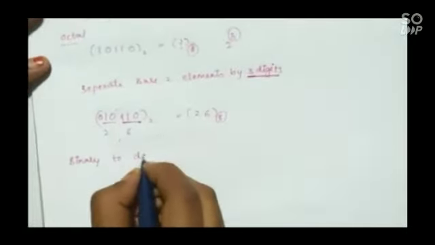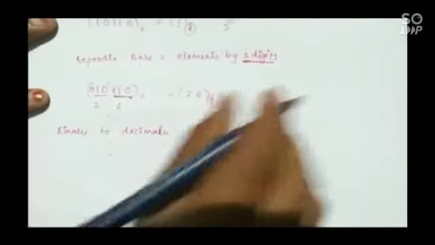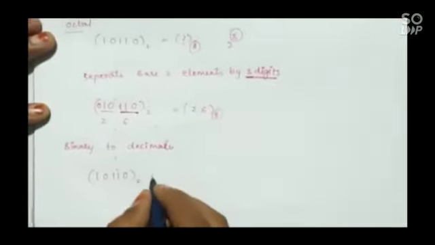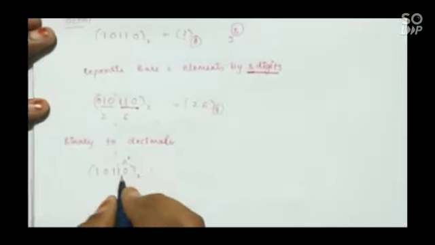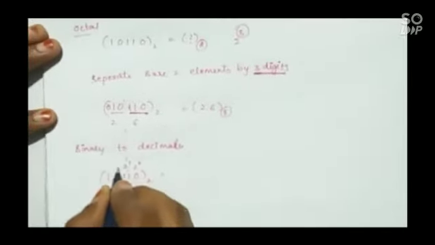Next, binary to decimal. Now we will see the same example, or else we can take another. 2 power 0, 2 power 1, 2 square, 2 cube, 2 power 4.